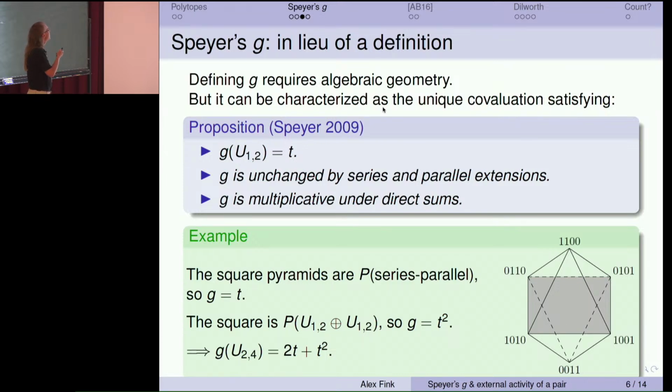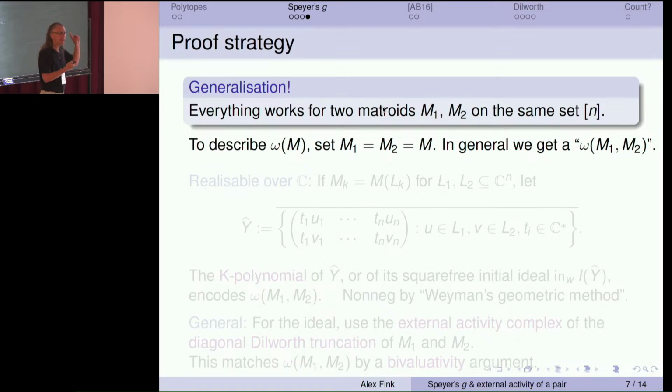All right. So I want to show here a little bit of the algebraic geometry, but mostly the combinatorics that underlies this. And sort of the surprise, when Andy and I started digging into the combinatorics that the proof dug up for us: everything I've done so far just has one matroid, but there is a very natural way to actually put two matroids on the same ground set as parameters into here, so that if you take them to be equal, then you get this top coefficient of Speyer's G, and in fact, you can get the rest of the coefficients as well.